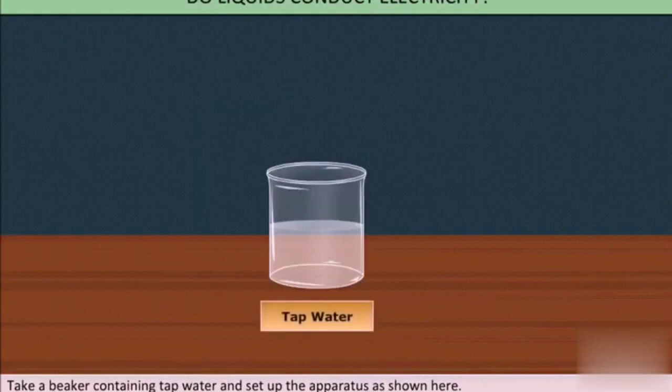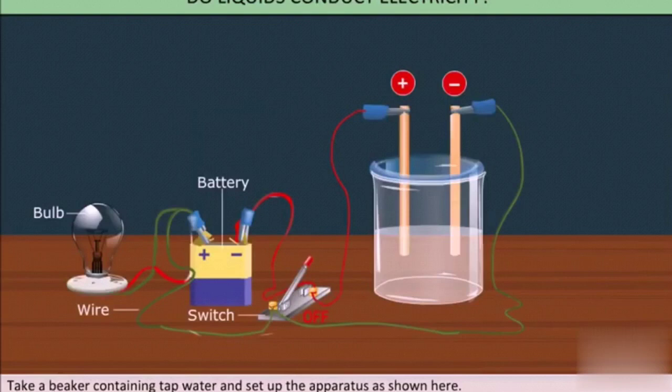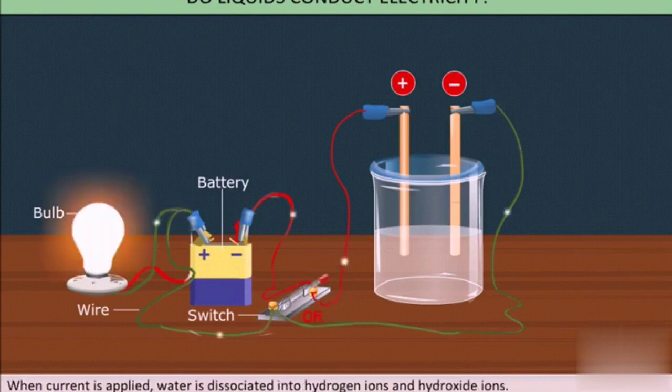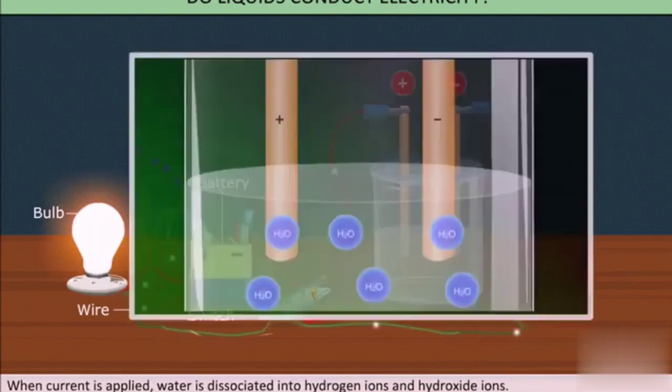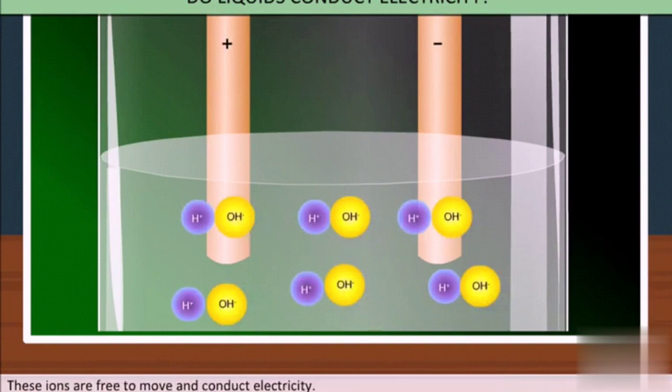Take a beaker containing tap water and set up the apparatus as shown here. When current is applied, water is dissociated into hydrogen ions, that is H plus ions, and hydroxide ions, that is OH minus ions.